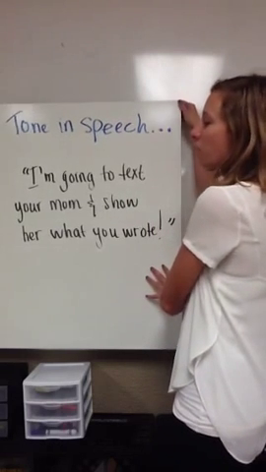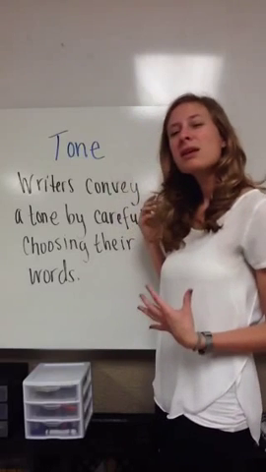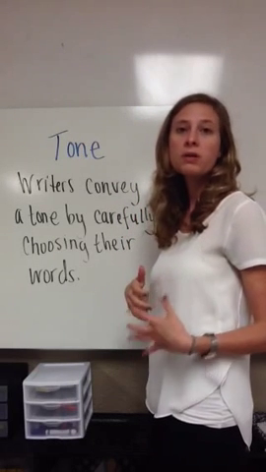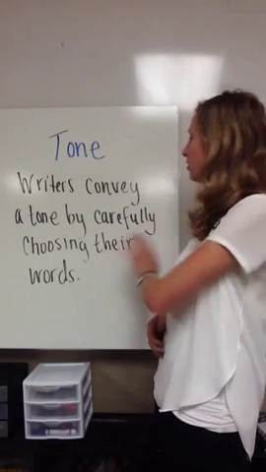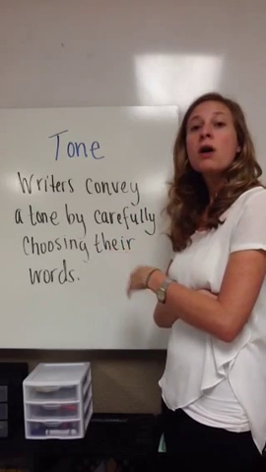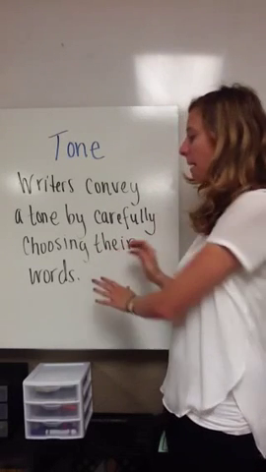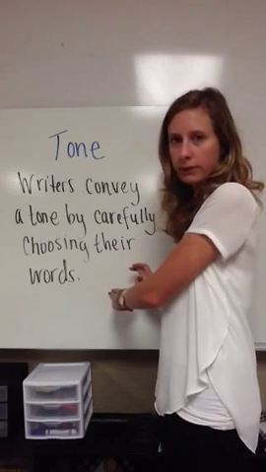So whenever a writer is writing, they have to really think carefully about the tone that they're conveying. And so writers make sure that they convey a certain tone so that their readers will feel a very specific feeling by carefully choosing their words.